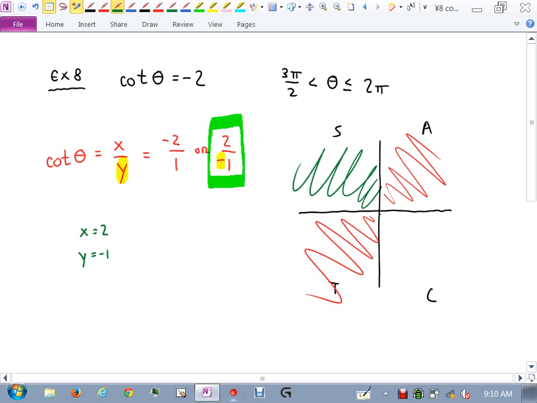Now let me draw my triangle over here. Again, it doesn't have to be a perfect triangle. My x is 2, that's this side, and my y is -1 is that other leg. Y'all agree with the picture? X is 2, y is -1.